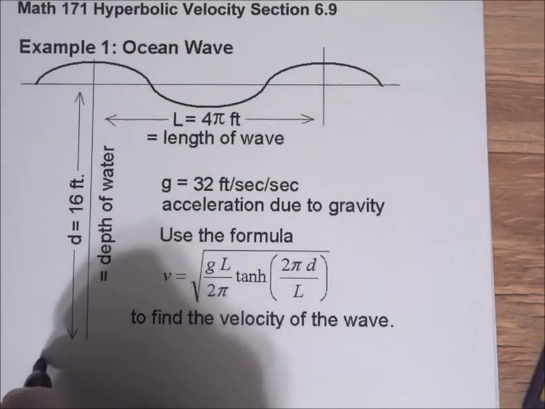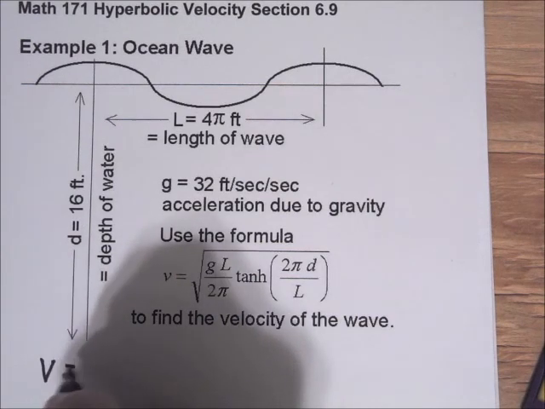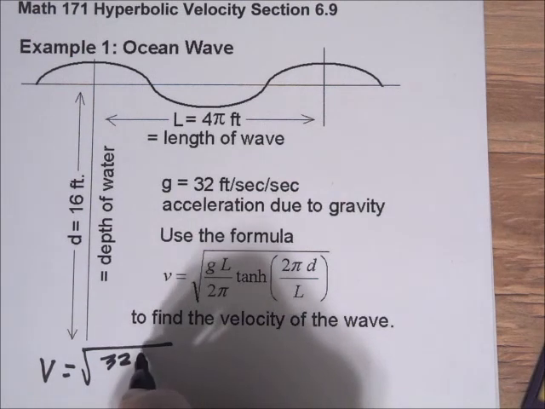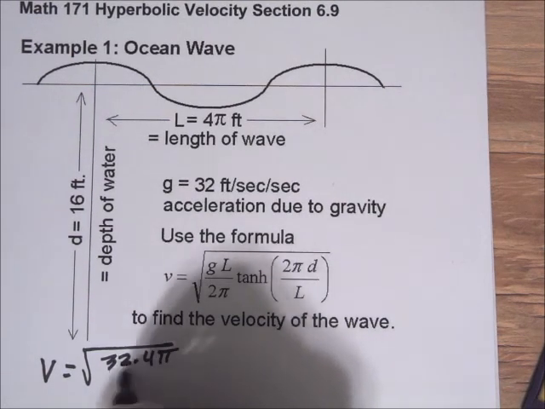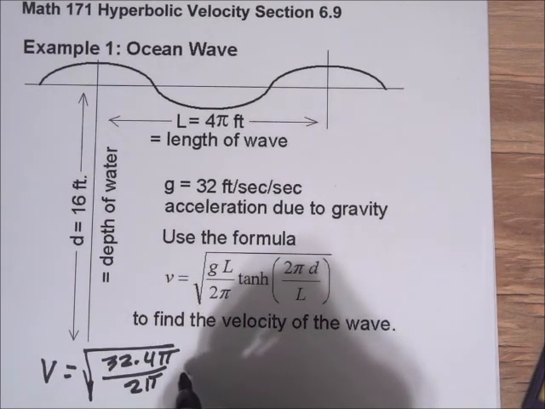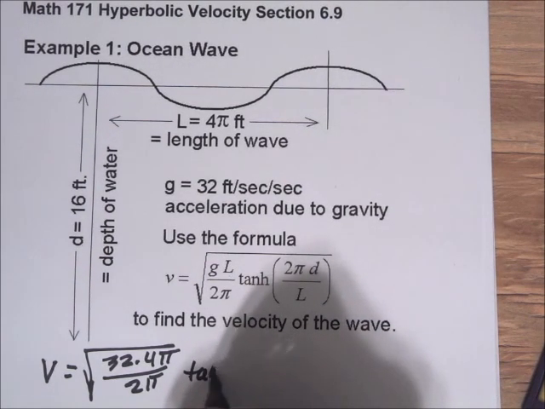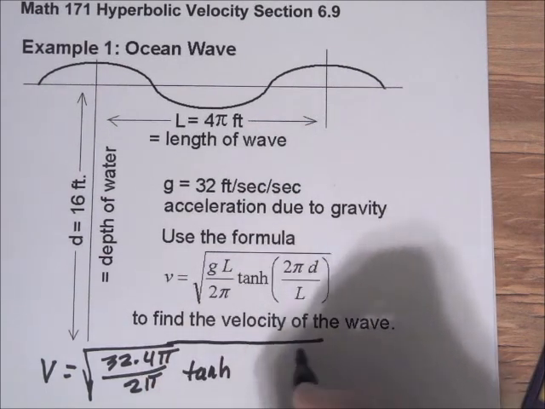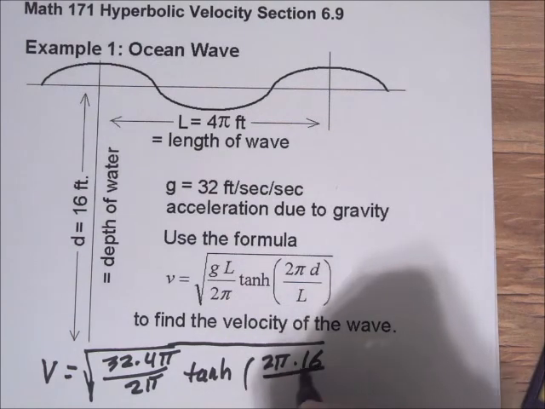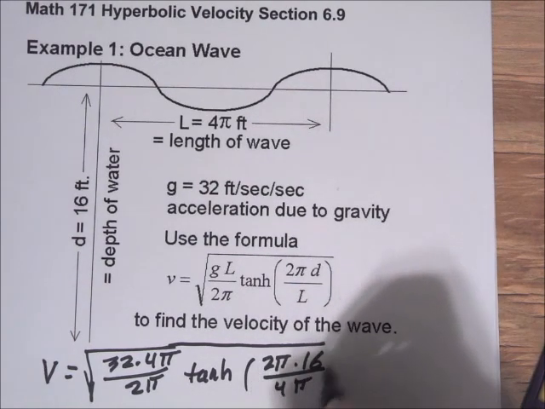That's going to be v is equal to the square root of 32 times 4 pi over 2 pi, and the hyperbolic tangent of 2 pi times 16 over 4 pi.